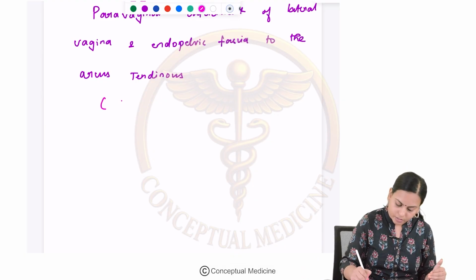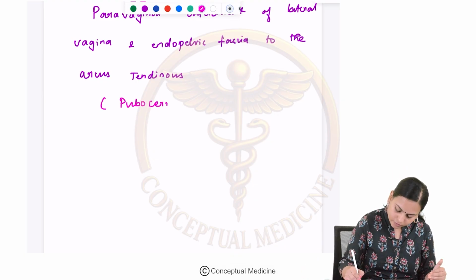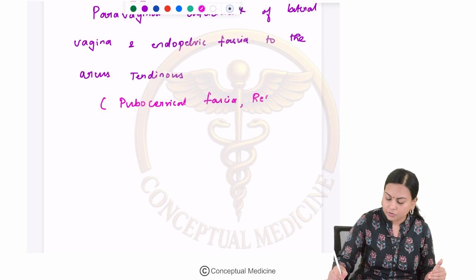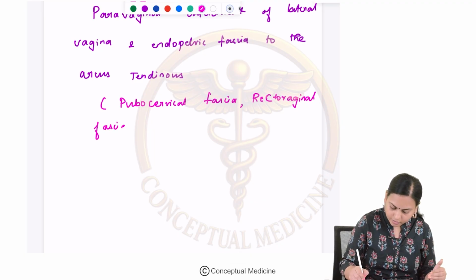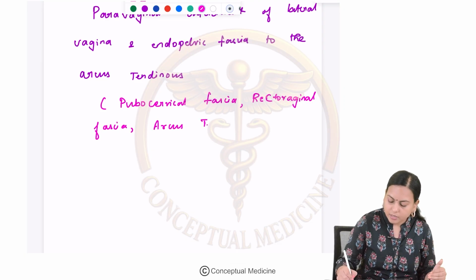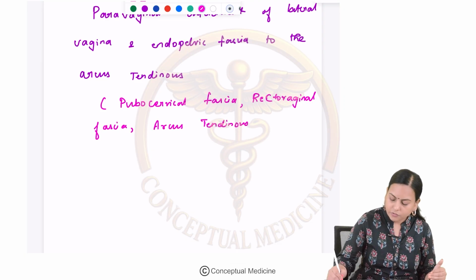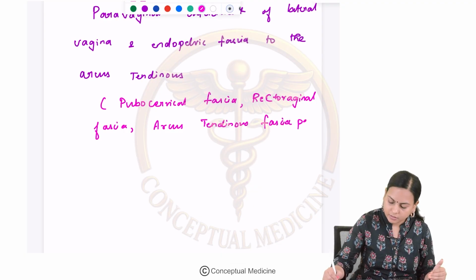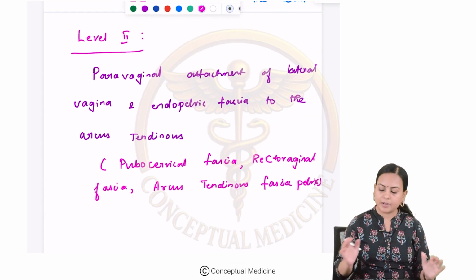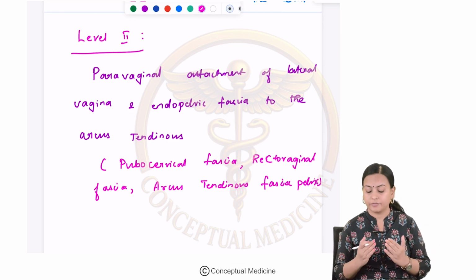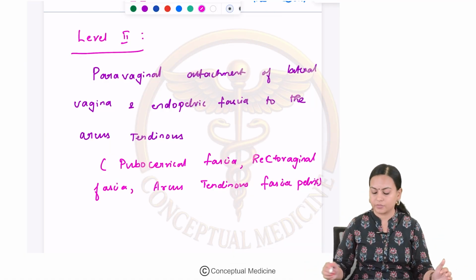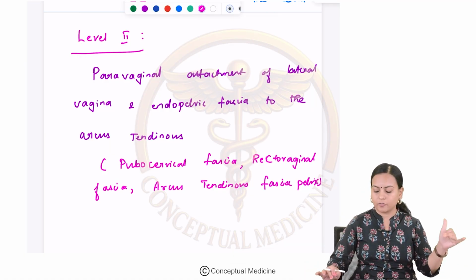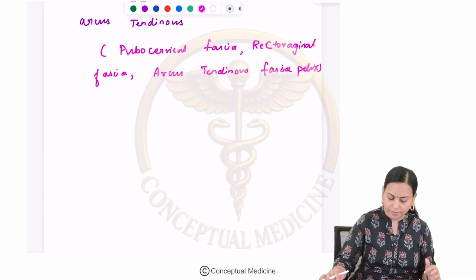That will include the pubo-cervical fascia, recto-vaginal fascia and the arcus tendineus fascia pelvis. So there is paravaginal attachment of the lateral vagina and the endopelvic fascia to the arcus tendineus.